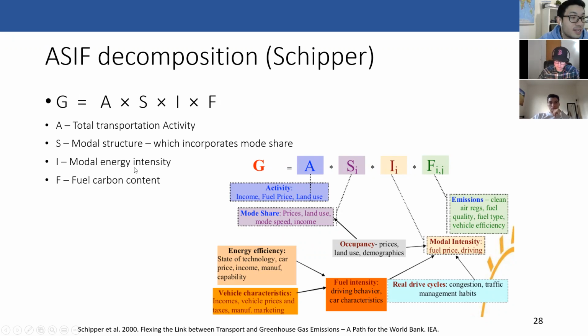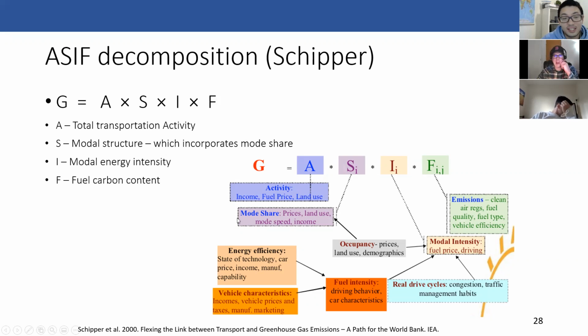Each of those modes has an energy intensity, so there's an efficiency in terms of fuel associated with that mode, and then a fuel carbon content. So the G is going to give you your greenhouse gases associated with each of these things.